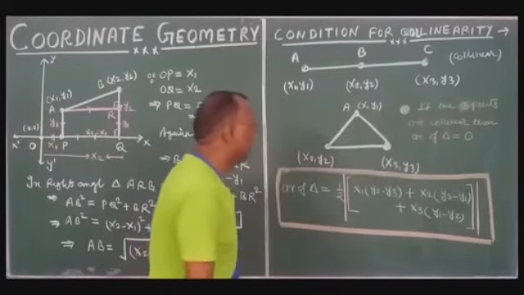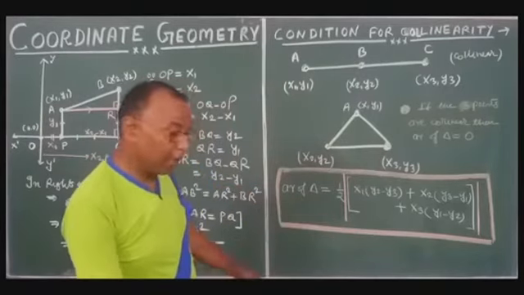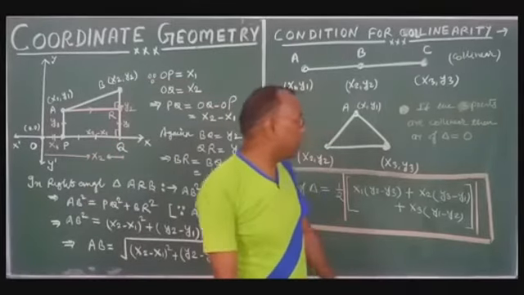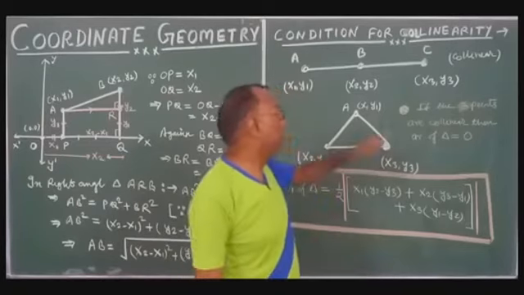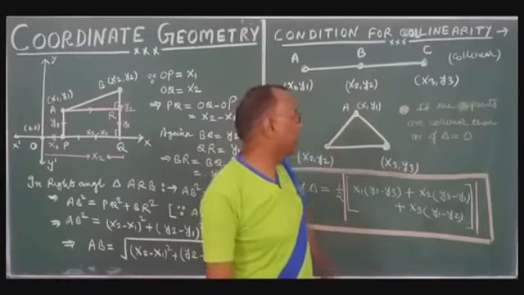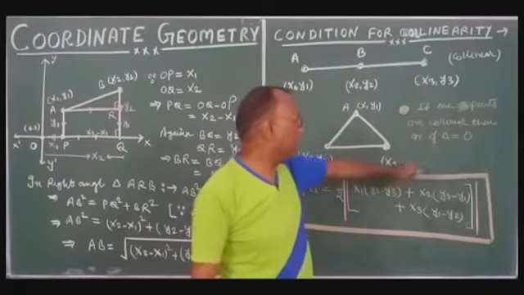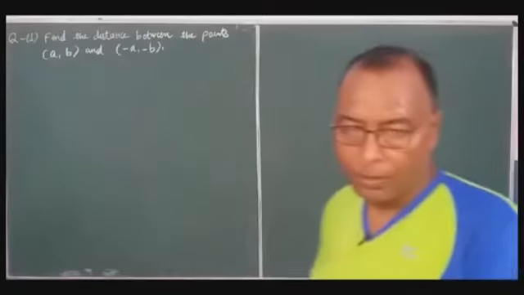Is it okay? The concept is clear now. If the 3 points are collinear, meaning they are in a straight line, then the area of the triangle will be 0.